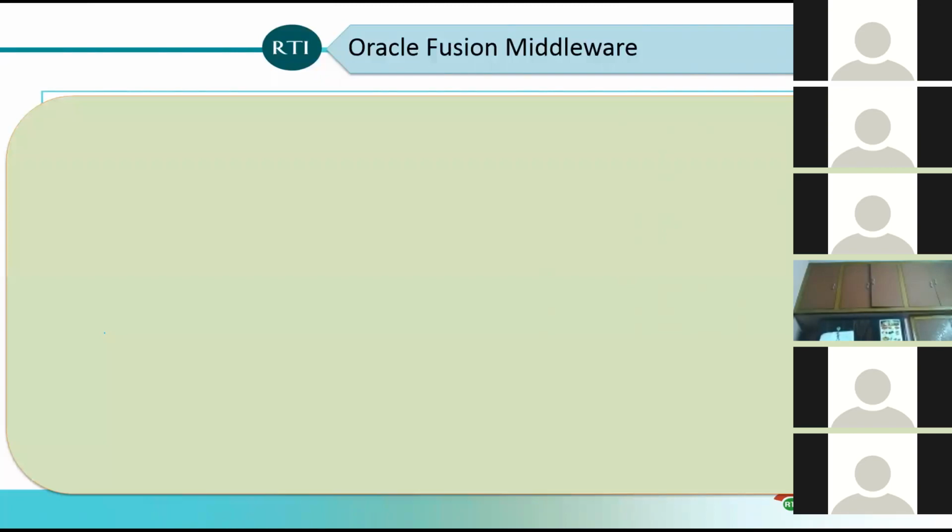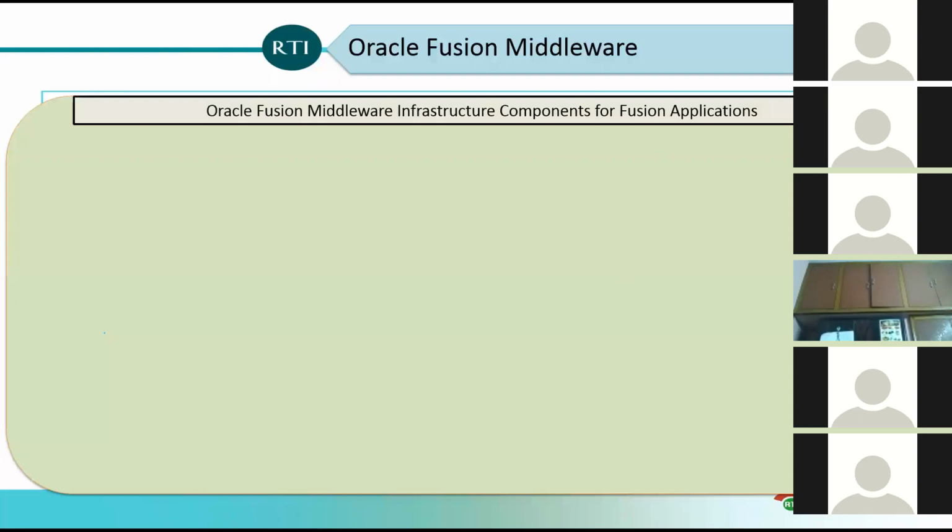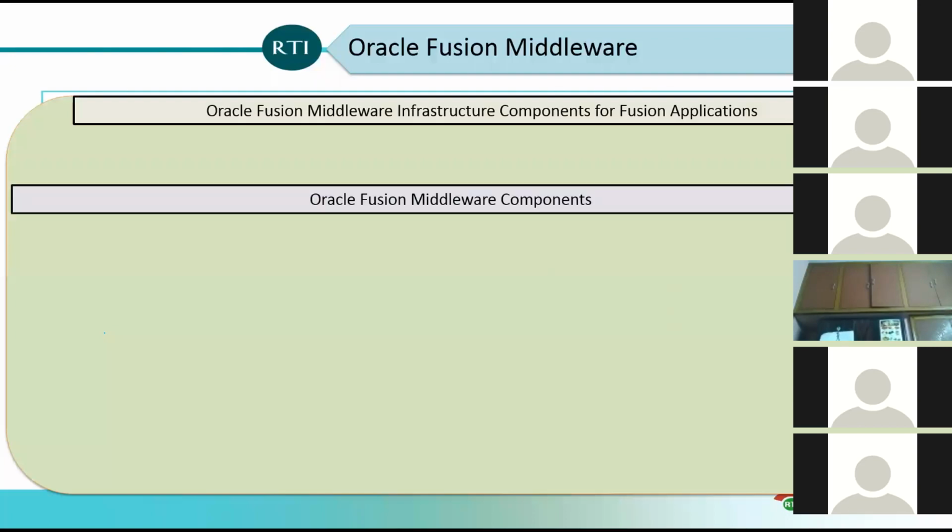Similarly, Oracle has JDeveloper, or the Application Development Framework. You can use it to create your own custom applications to run your custom processes. It's not necessary to use it for Oracle product families. That is why Oracle categorized the Fusion middleware into two things: Fusion middleware infrastructure components for Fusion applications, and Oracle Fusion middleware components.